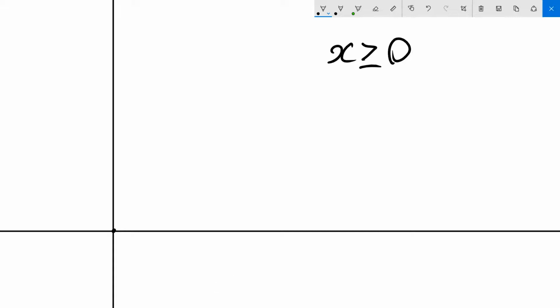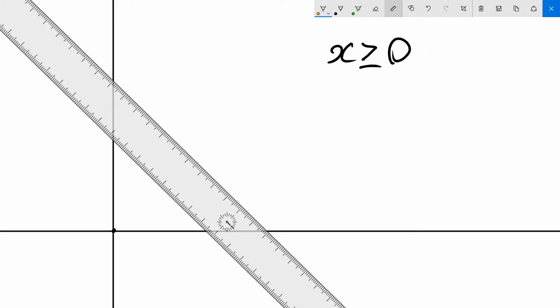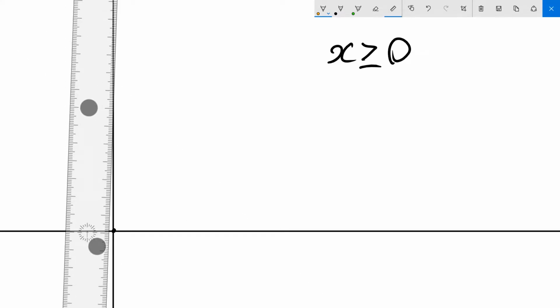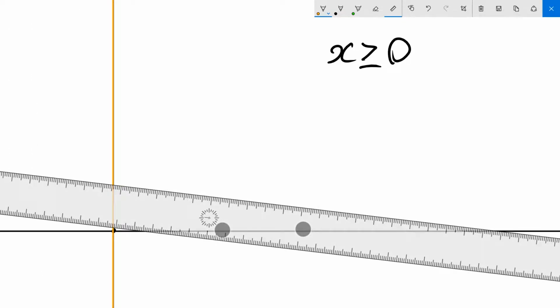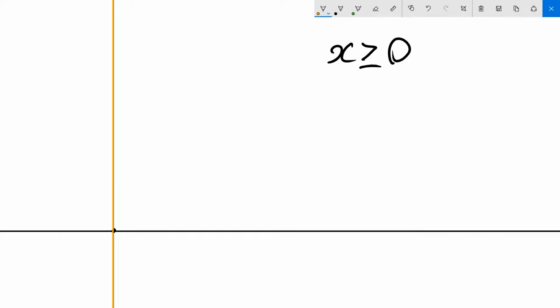So along this line here, might as well make it a different color. Right, this line here, and if we were to graph this, well, this line is where x is equal to 0.